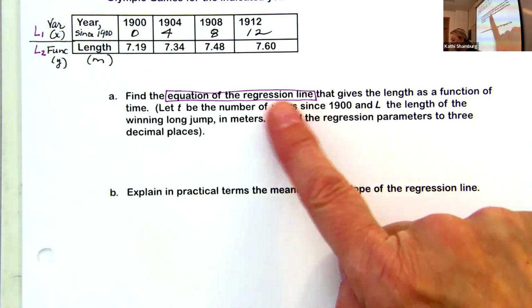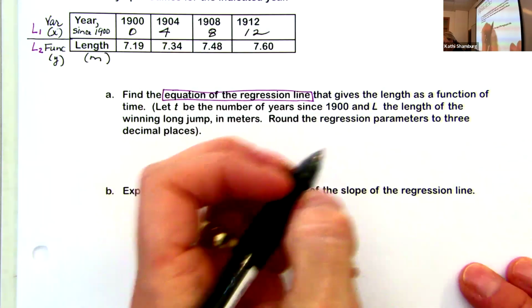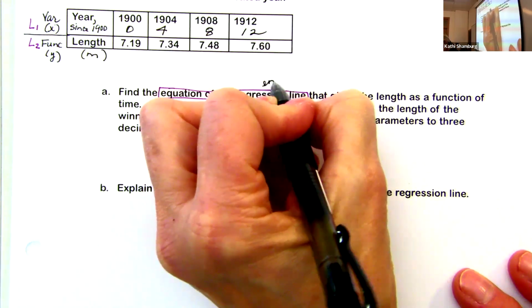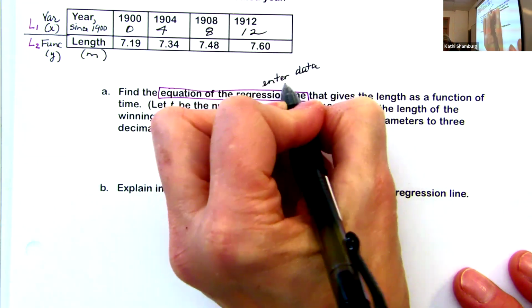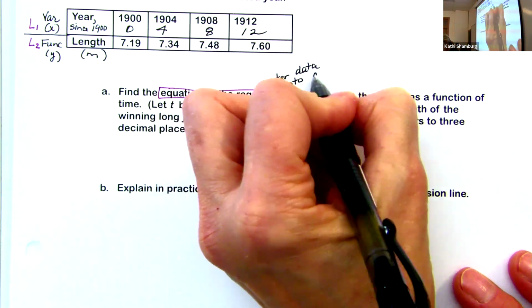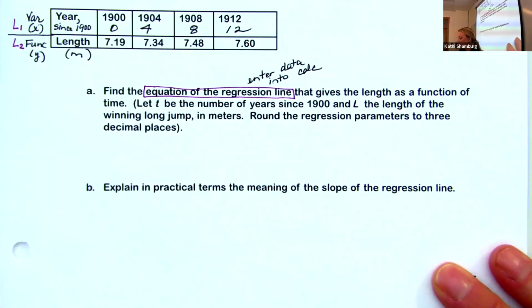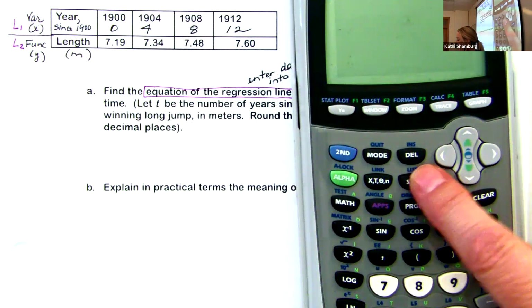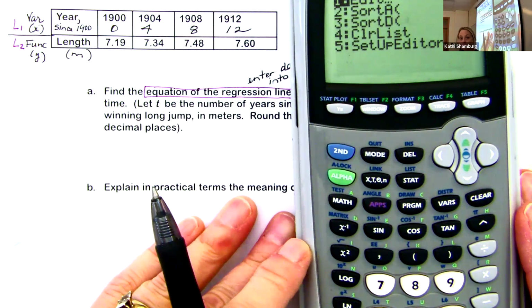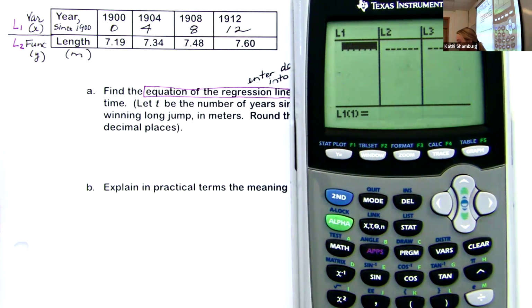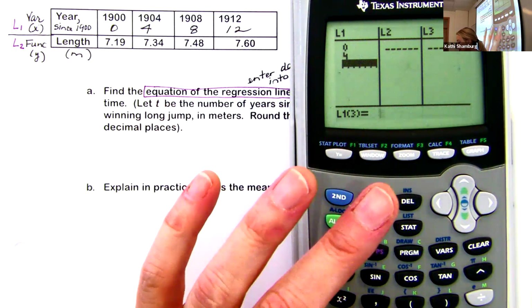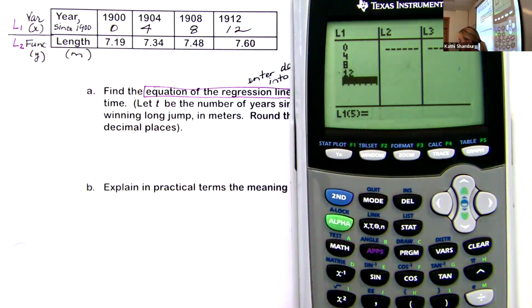So in order to find this, you need to enter your data in the calculator. So again, that's stat, 1. And list 1 would be 0 enter, 4 enter, 8 enter, 12 enter.